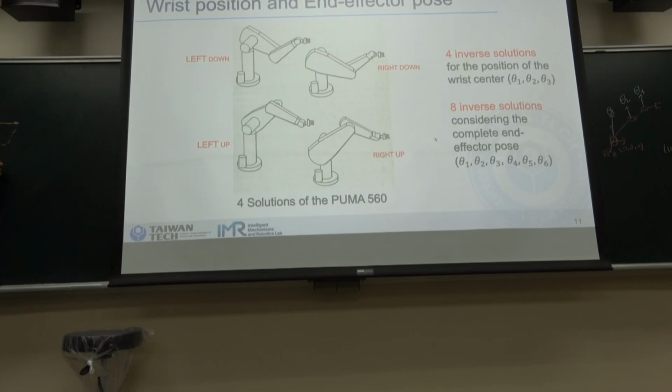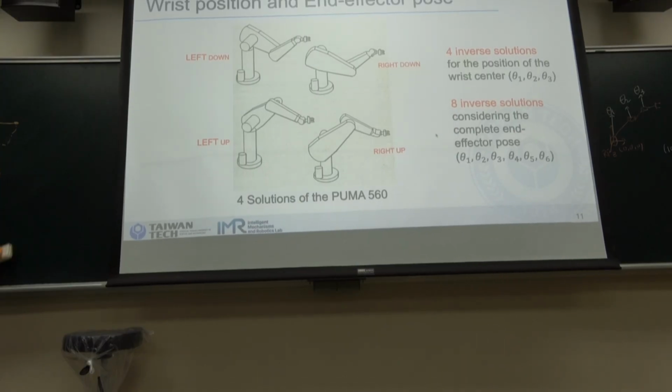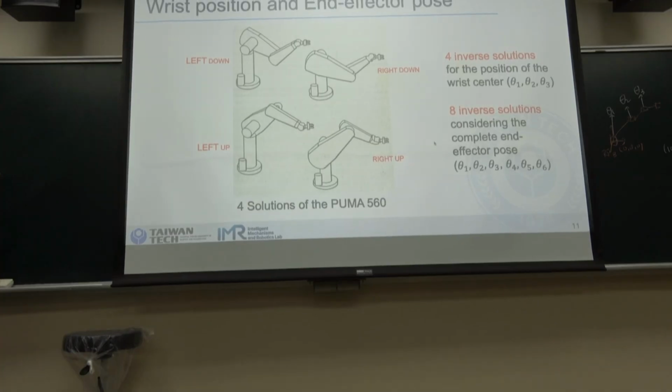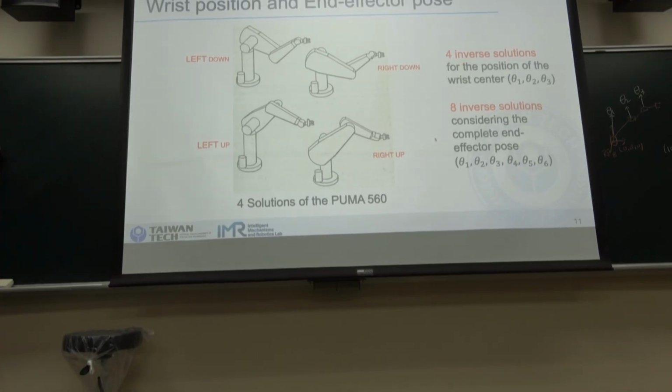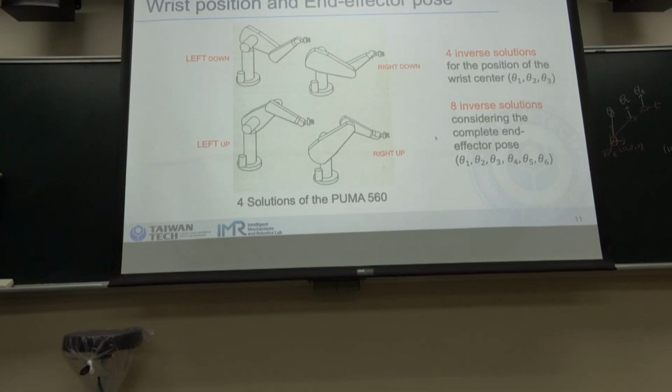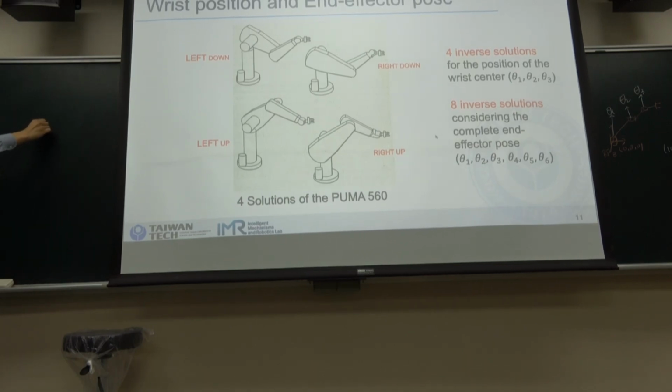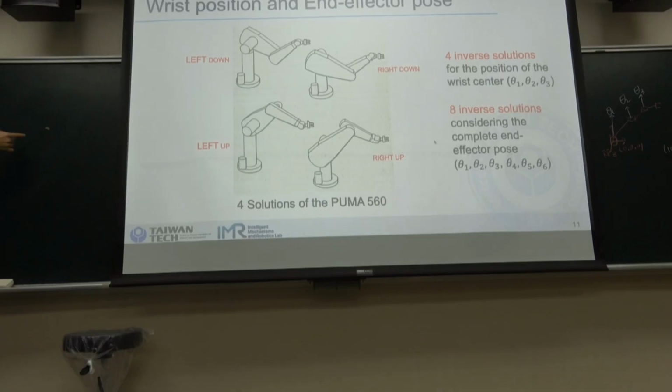And if you imagine that we have a robot with the first joint, which is V0, and this is the end effector. We want to reach this point.